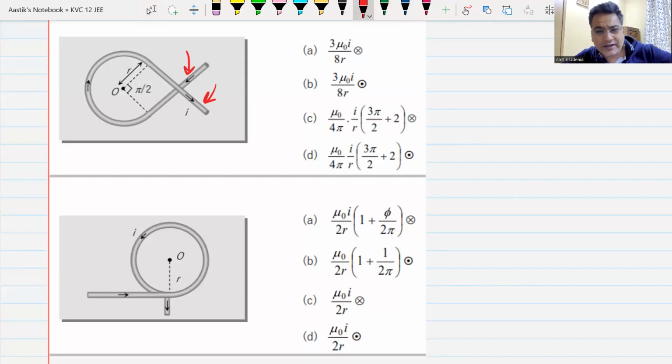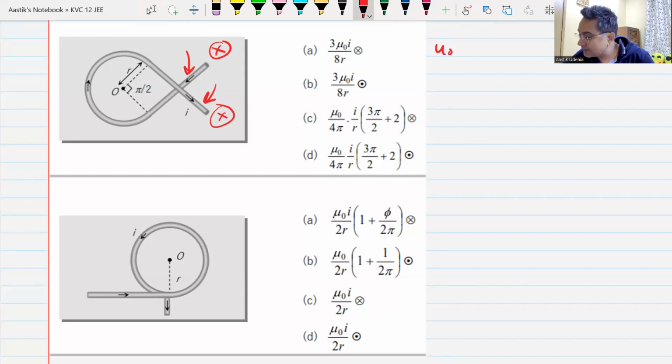Mu naught I by 4 pi r. You just have to see the direction. Due to this wire, it is going inside. And due to this wire, it is also going inside, yes or no? So they will get added up.